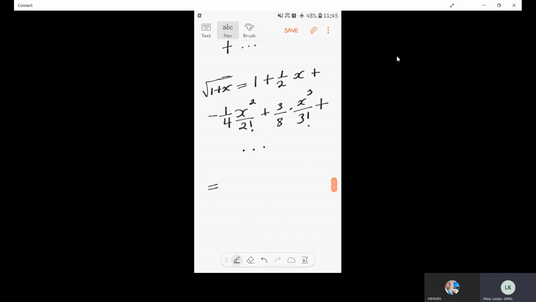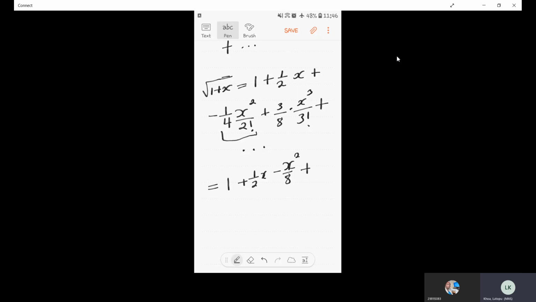So when I rewrite this nicely, I have 1 plus half x, minus 1/4 divided by 2 factorial. That's the same as 1/4 times half, which is 1/8. And then I'm multiplying this by x squared, so this will be x squared over 8.